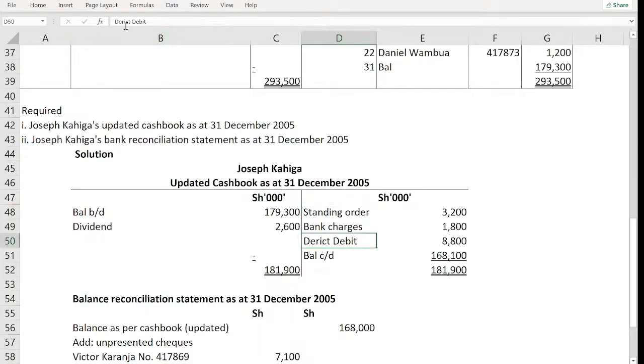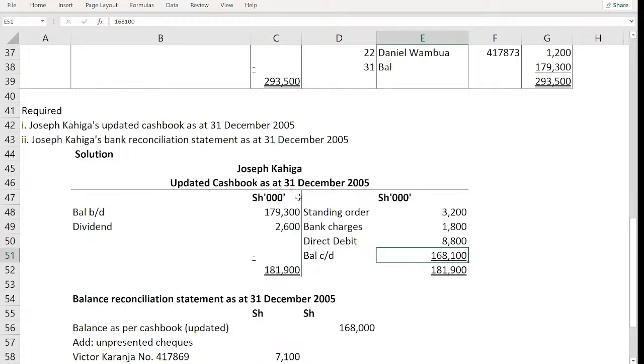You also have the direct debit of 8,800. So the total or the balance figure will be, and the debit is 181,900, should be equal on the credit. So the balance figure is 168,100. So this is the updated cash book balance that we are going to bring on the bank reconciliation.